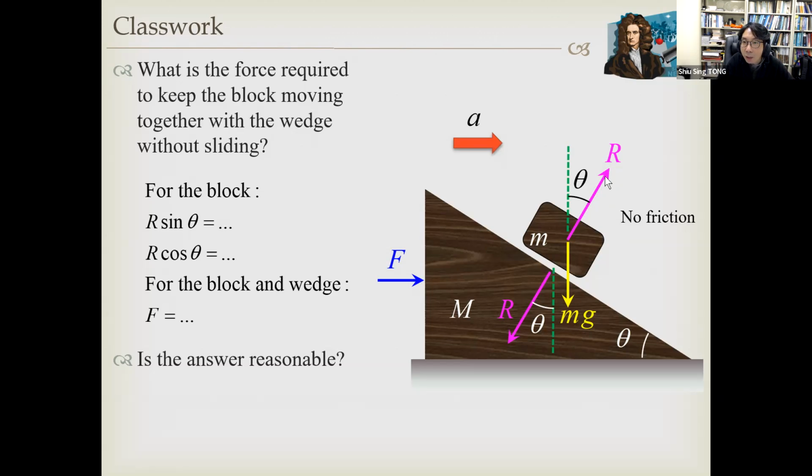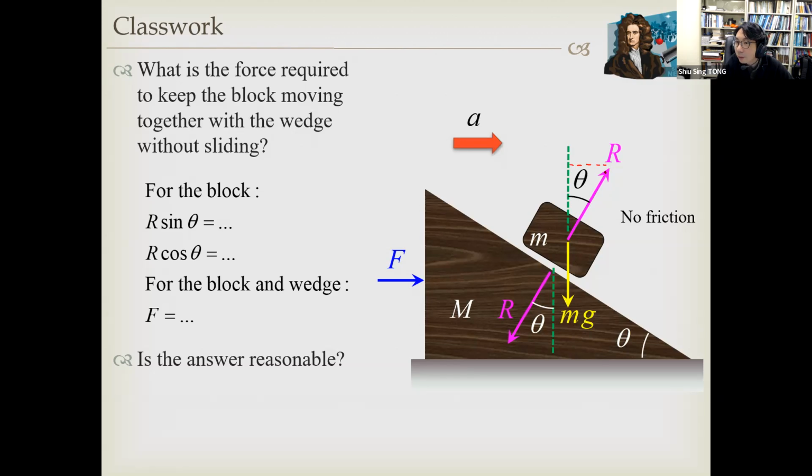Now, this is R. So R sine theta is a vertical component. Sorry, I made a mistake. R sine theta is a horizontal component. It's this component.